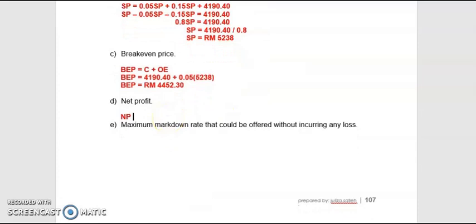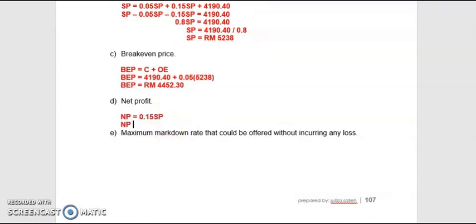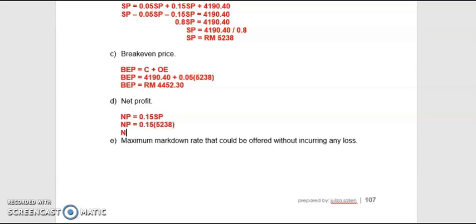So NP equal to 0.15 SP. Then substitute value SP. 0.15 multiplied by 5238. So NP equivalent to RM785.7.